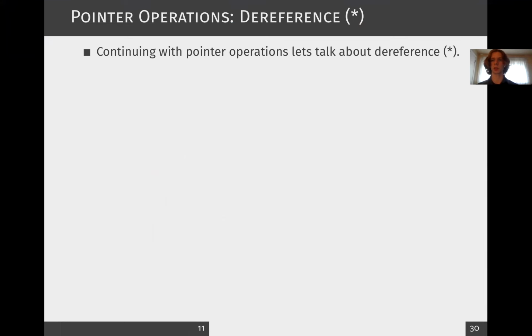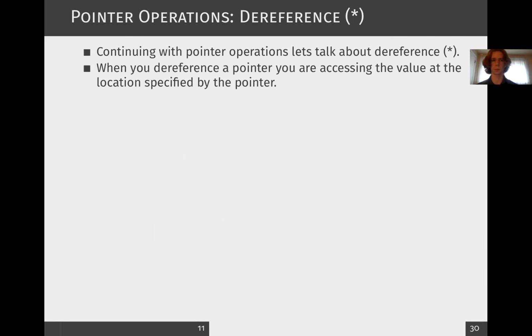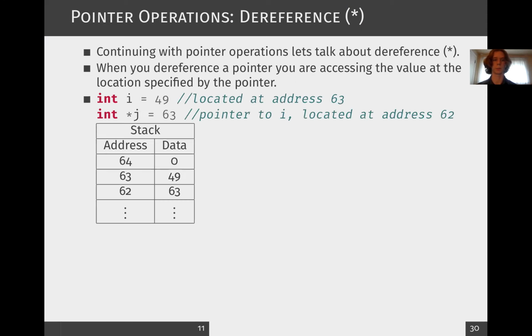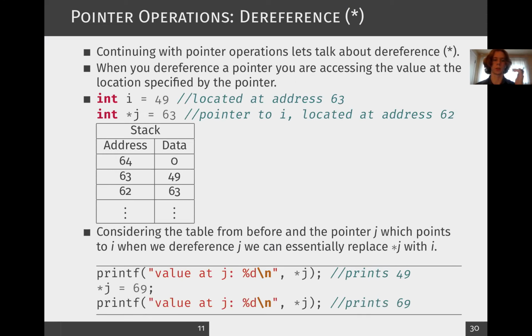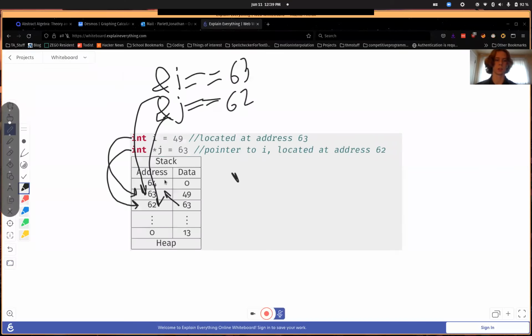Continuing with the pointer operations, let's talk about dereference. When you dereference a pointer, you're accessing the value at the location specified by the pointer. So again, with our previous example, let's go over this in our table. Let's clear up some of this because we're done talking about address of.